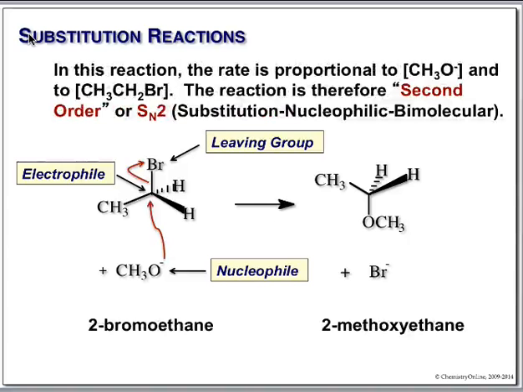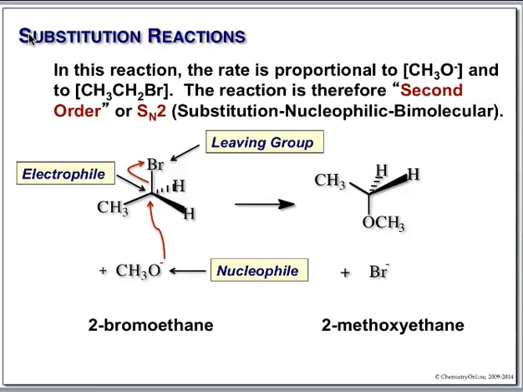Once again, this is an Sn2 reaction. And the reason that it is an Sn2 reaction is that kinetically, in our transition state, we're going to have this electrophile. We also have to have the nucleophile present. So they're both present reacting at the same time in our transition state.